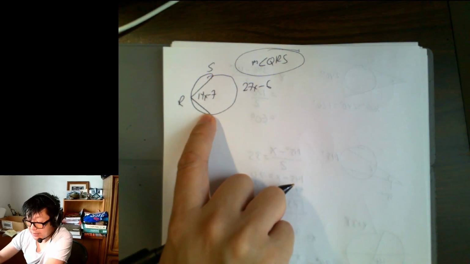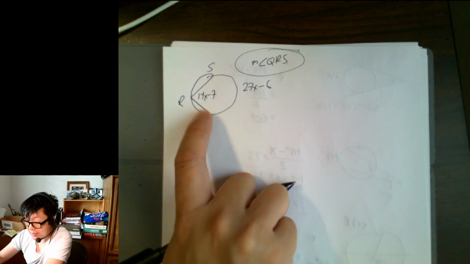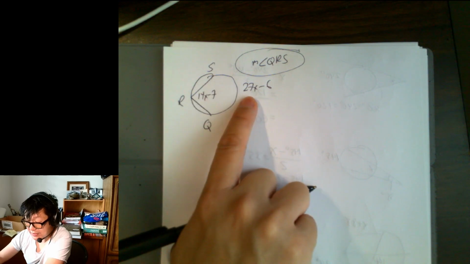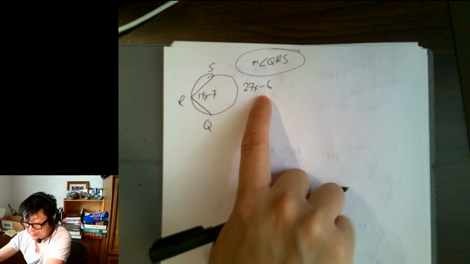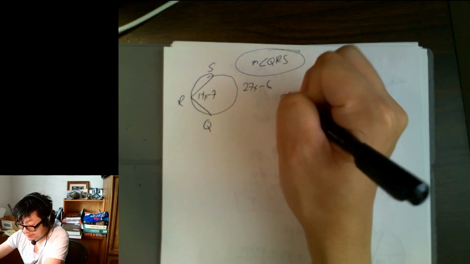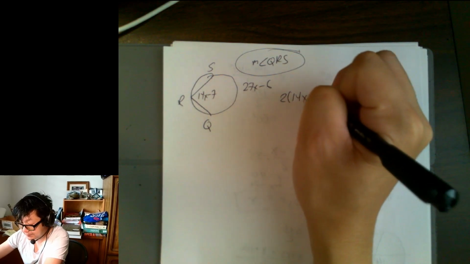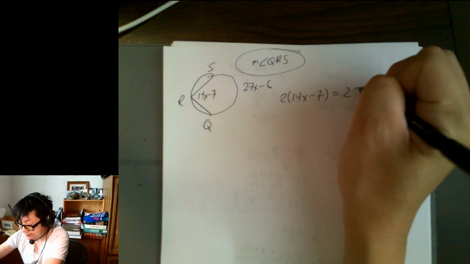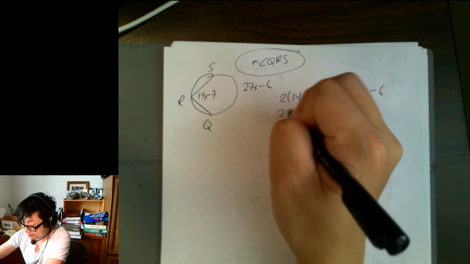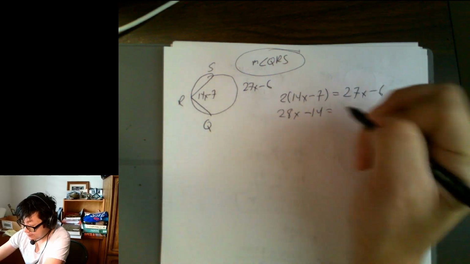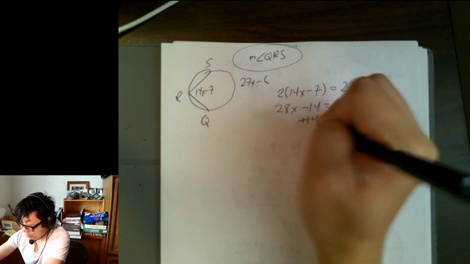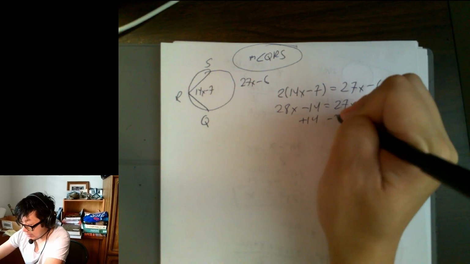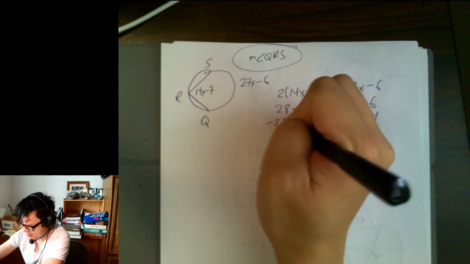This is an inscribed angle, so we're going to basically say the measure of this angle is half of this, or 2 times the measure of this angle equals this. We'll do the latter. Add 14 to both sides, subtract 27x from both sides.